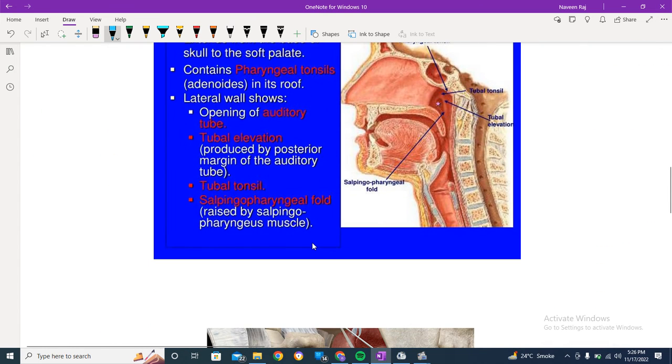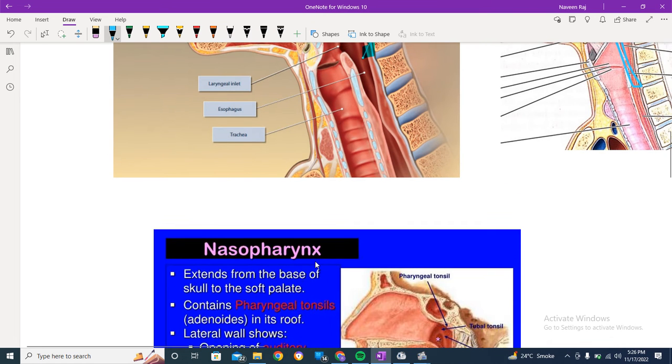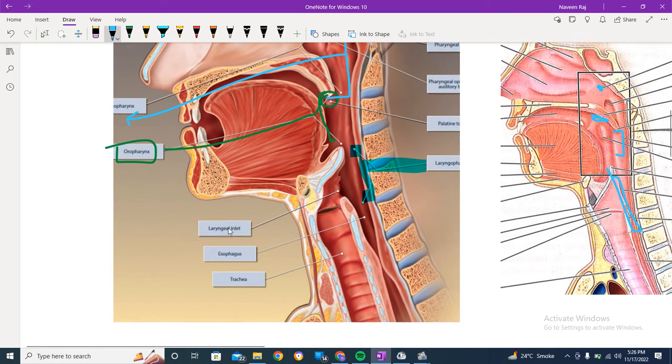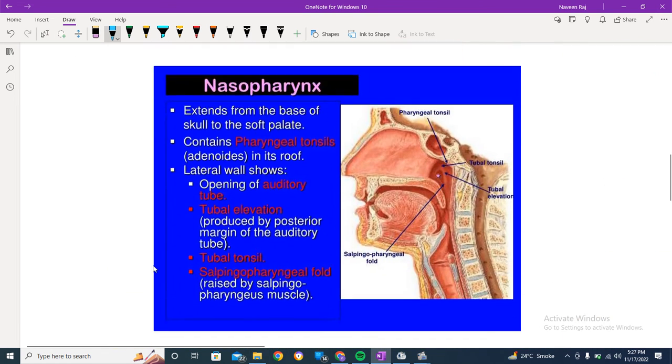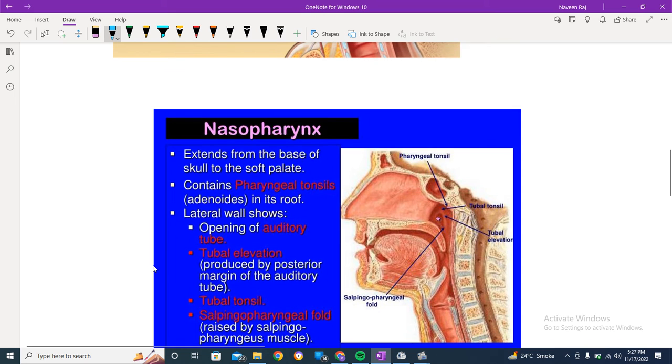Now let's get into the nasopharynx, one of the parts which I have shown. Yes, here it is. This one part, the one shown by the arrow. This is the nasopharynx. Let's get deep into it.